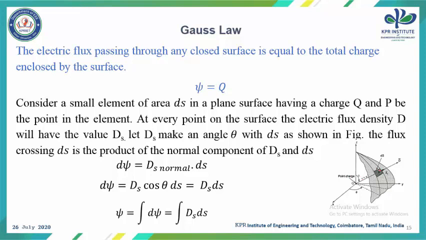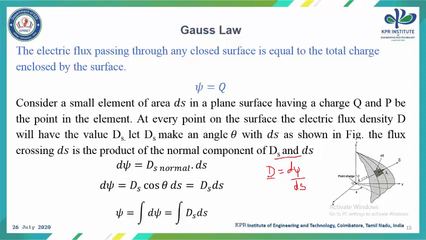Now the electric flux crossing the surface dS is the product of the normal component of D and dS. You can easily remember that D is equal to d psi by dA or dS. So from this, we want to find d psi, which is equal to D into dS.